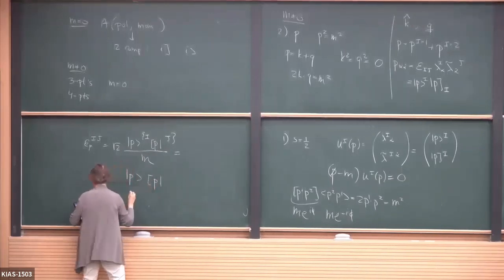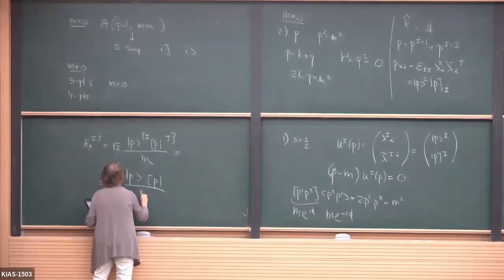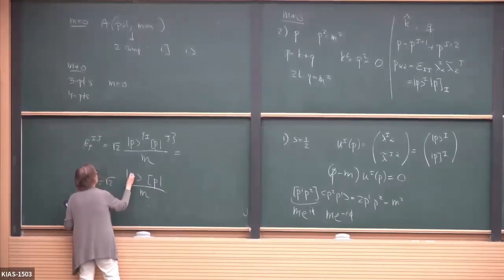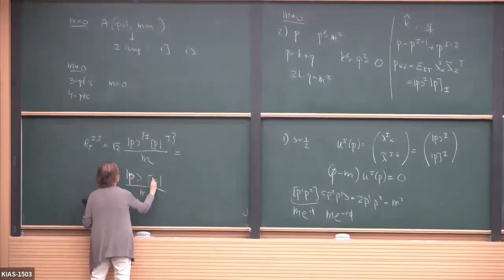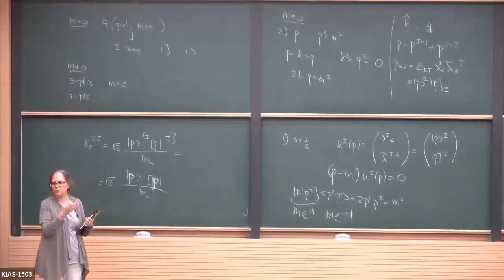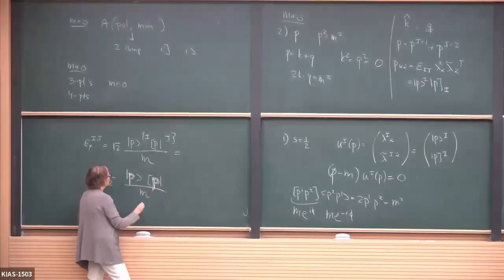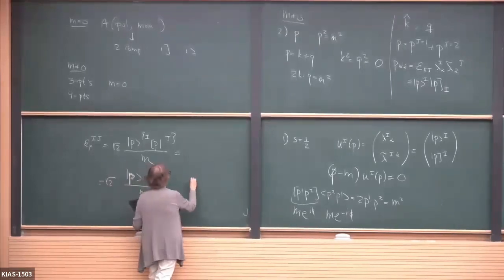So I can write it also like this, where these two momenta, these two spinors should be bolded. Now, of course, I'm not gonna bold spinors for you on the board, or we'll never finish these lectures. So instead, I'm gonna use underline.